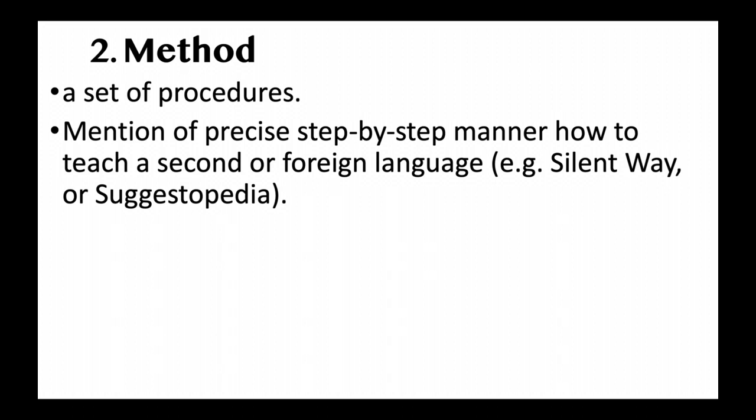You follow it step by step when you teach. Examples of those methods that give you prescriptive steps that you need to follow when you teach are Silent Way and Suggestopedia. We'll see this at a later stage because they are also among the approaches and methods that have been used over the years when it comes to language.